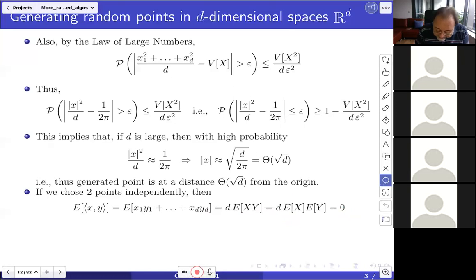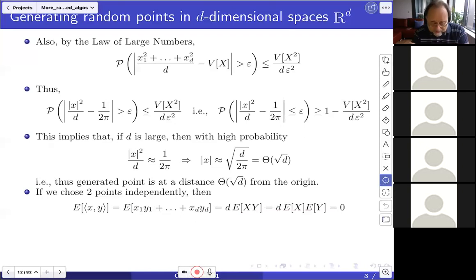You see, intuitively, if x's and y's are independently drawn from the same probability distribution, then the probability that they are of equal sign is equal to the probability that they are of opposite sign. So on average, this should just cancel out. So what does this mean? It means something terribly important.